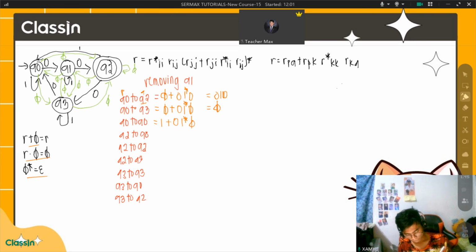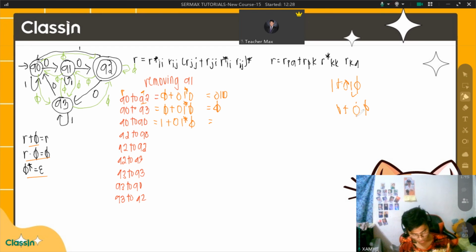Okay? Now, for this one, since the highest precedence will be the null value, 1 plus 0, 1 with the null. So it will be multiplied. 1 times null will become 0 plus null. 0 and null.